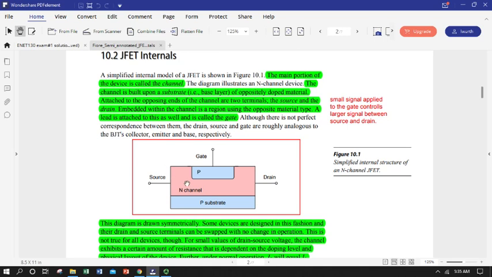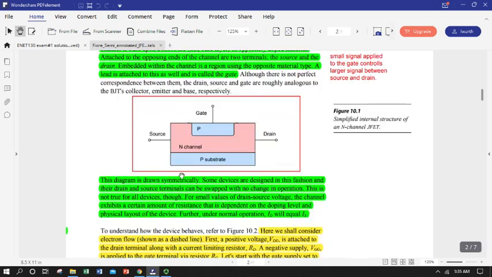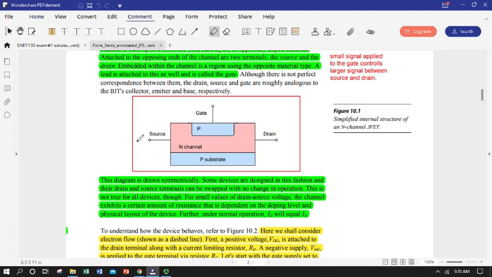The easiest way to understand how a field effect transistor works is to look at a schematic. This is a schematic here in Mr. Fiore's figure 10.1 of what's known as an N-channel JFET, or an N-channel junction field effect transistor. When we put this device into a circuit, the main current that we're going to try to control would be flowing between source and drain.